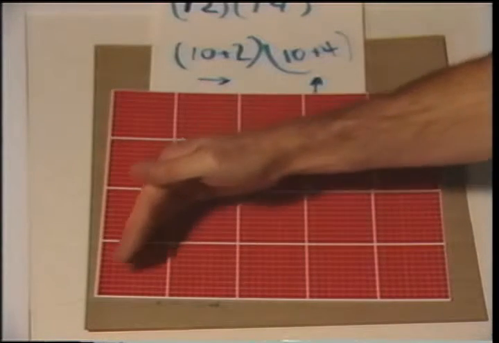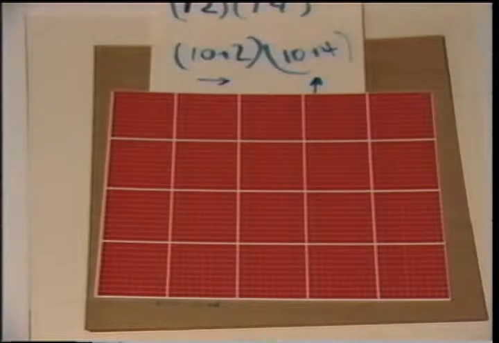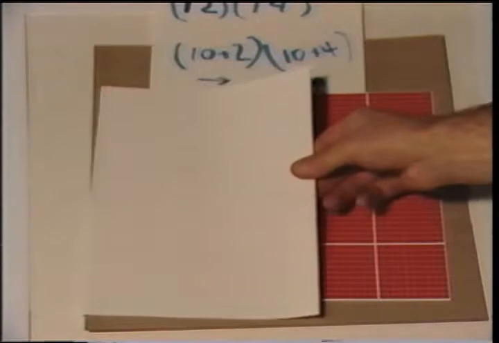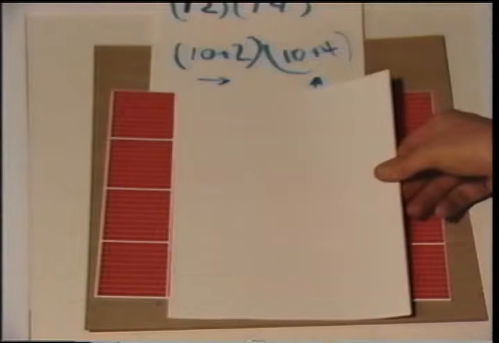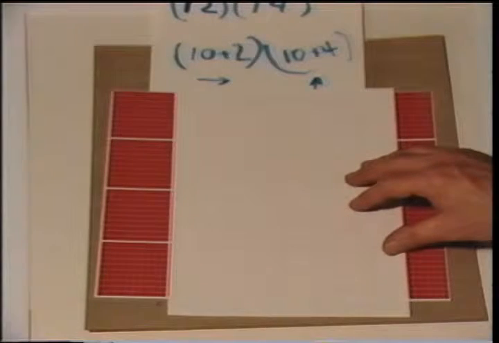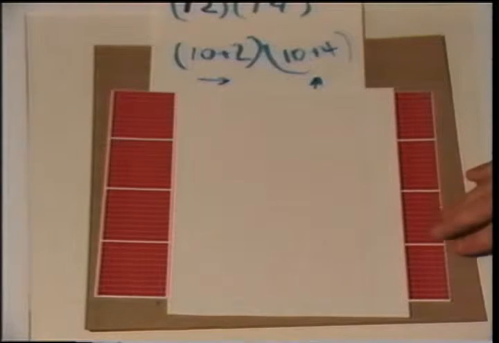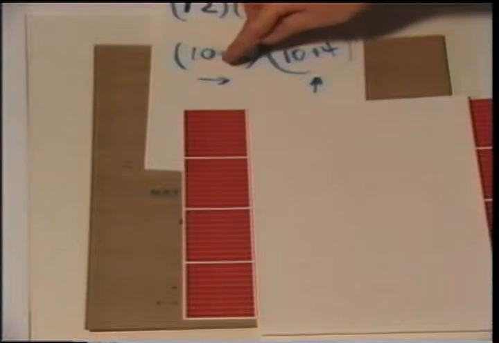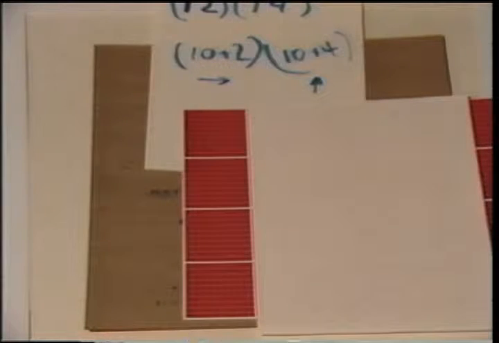Notice, we have to come over 1 bar of 10. Let's do that. Let's come over 1 bar of 10. And I'll slide this over so that all we see is that we are over 10.